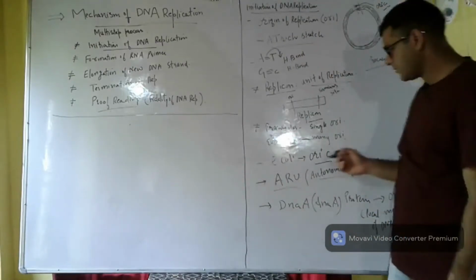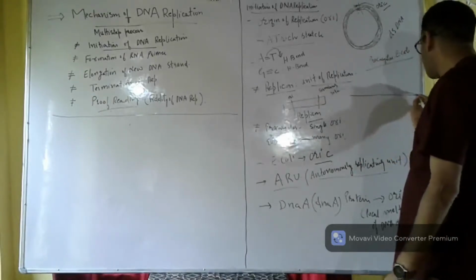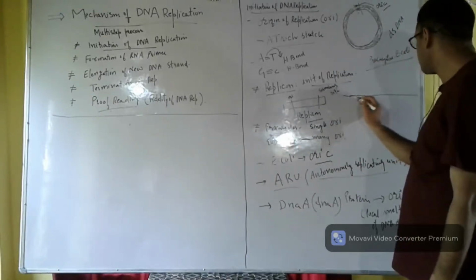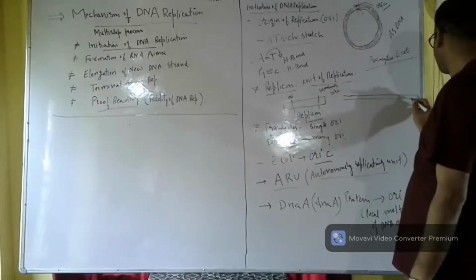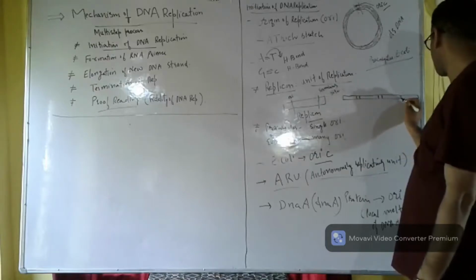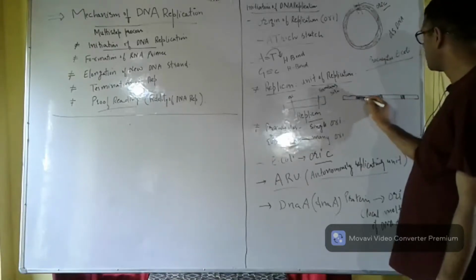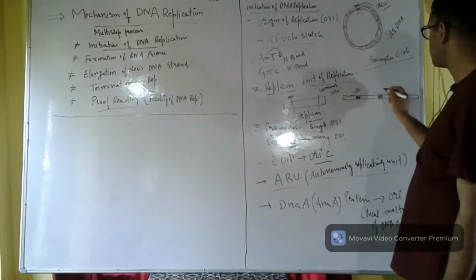And then in case of eukaryotes, we have many origins of replication. For example, this is a eukaryotic chromosome, eukaryotic DNA. These are origins of replication.